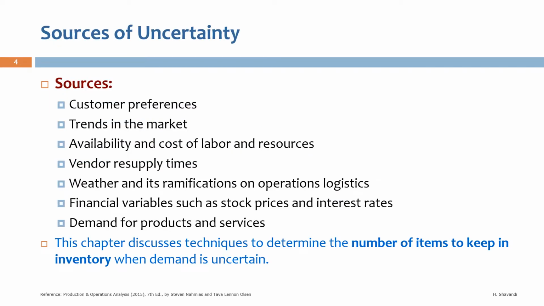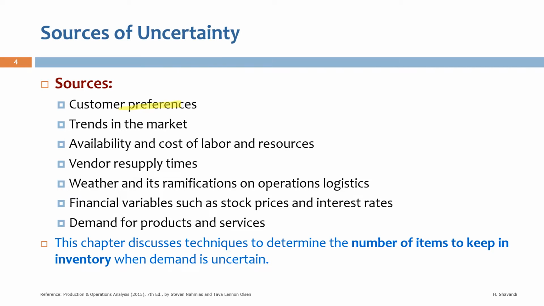As an introduction to uncertainty in inventory control problems, let's see what the sources of uncertainty are. As you remember in chapter 4, we assumed that we know the annual demand with certainty, right? But we know that it's not going to happen in most cases in the real world. So we have uncertainty in annual demand because of several factors like changes in customer preferences.